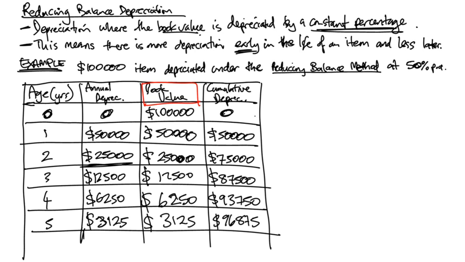And just to help you out with finding the book value, because sometimes you might be asked to find the book value straight away at, say, year 4, you do actually have a formula for that. That's from the book. Formula.